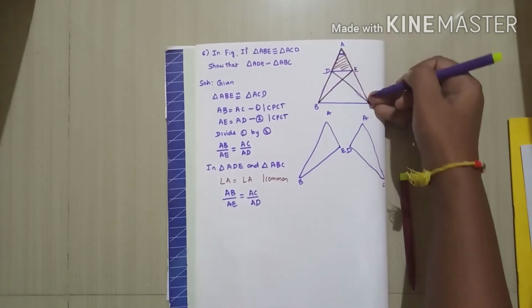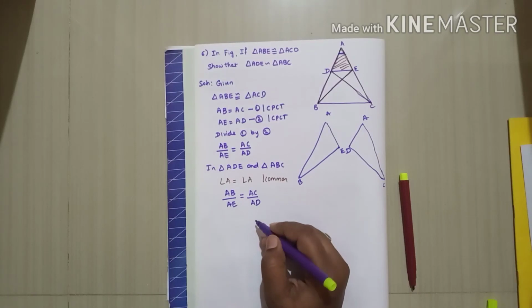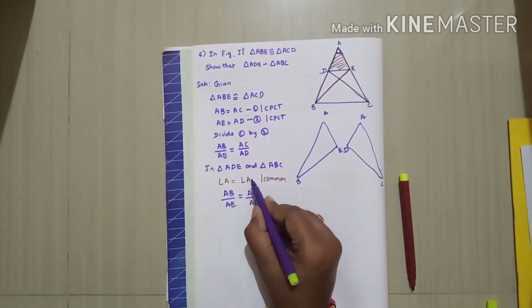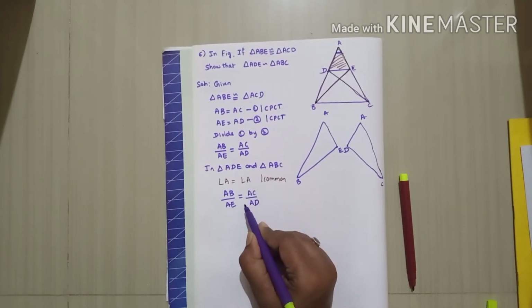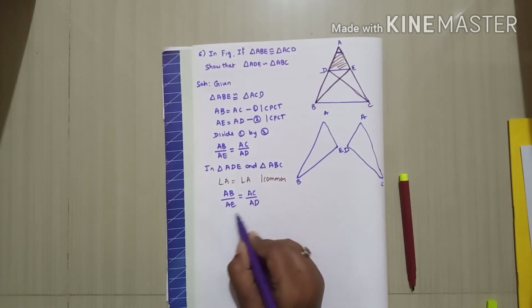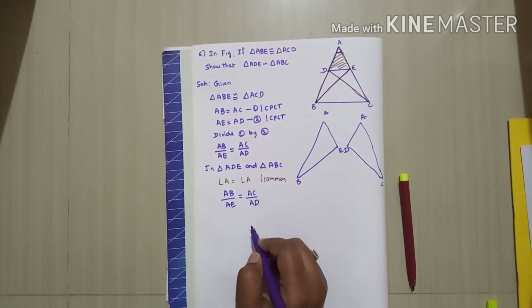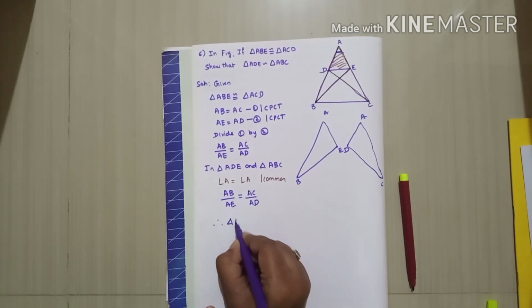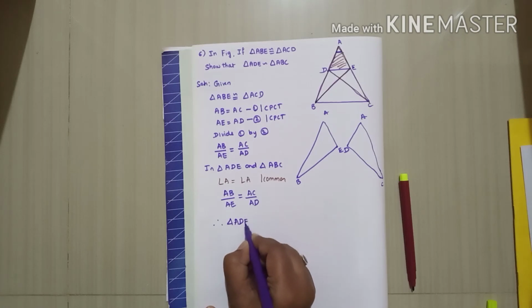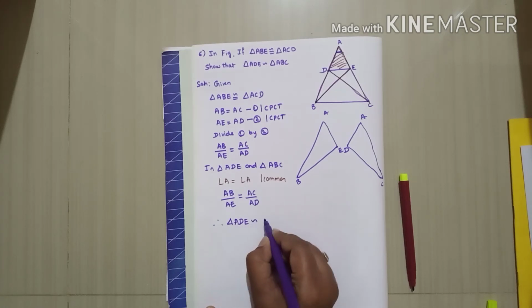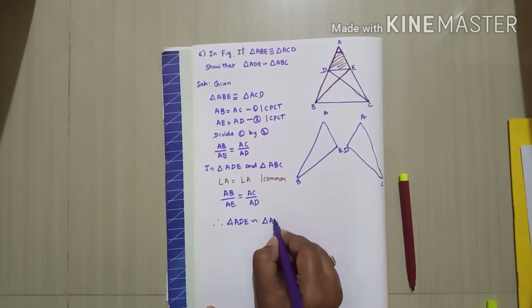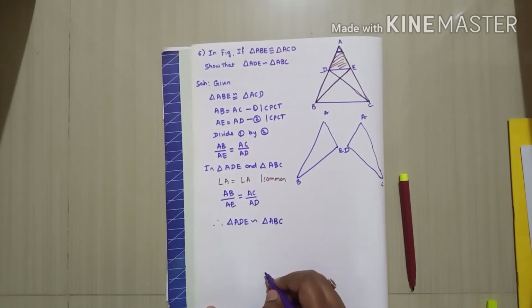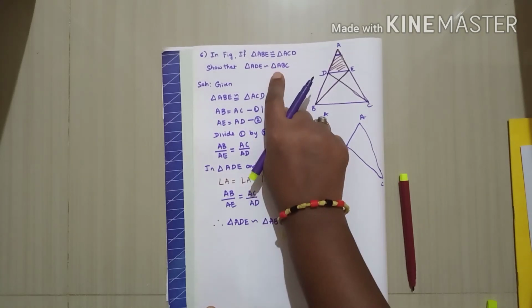So now one angle is equal and two corresponding sides are in the same ratio. Therefore, by SAS criteria, triangle ADE is similar to triangle ABC. This is a result we proved.